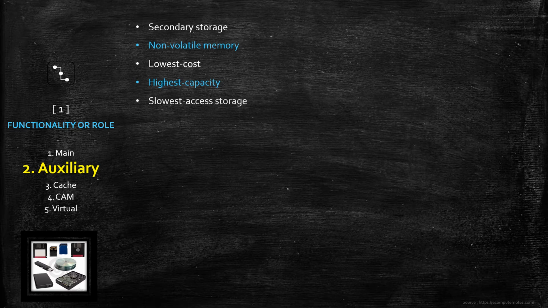Of course, they are the slowest access storage because they contain a large amount of data, they have a different accessing algorithm or different organization to store the data, and also they are not directly connected with the CPU, so we also call it the slowest access storage. One more thing, what is the actual function of the auxiliary store memory.